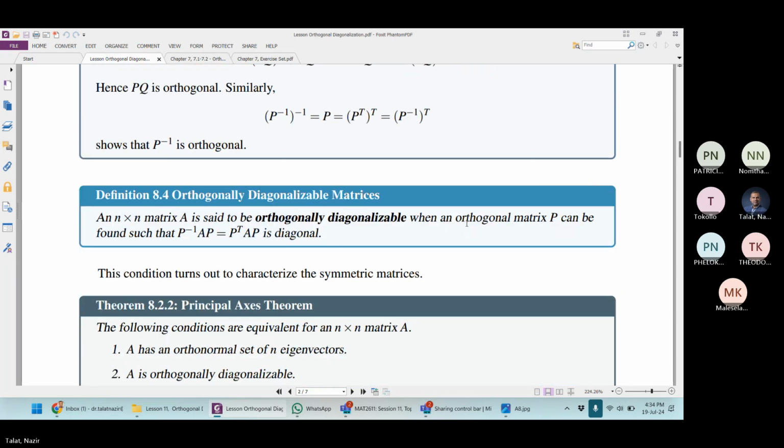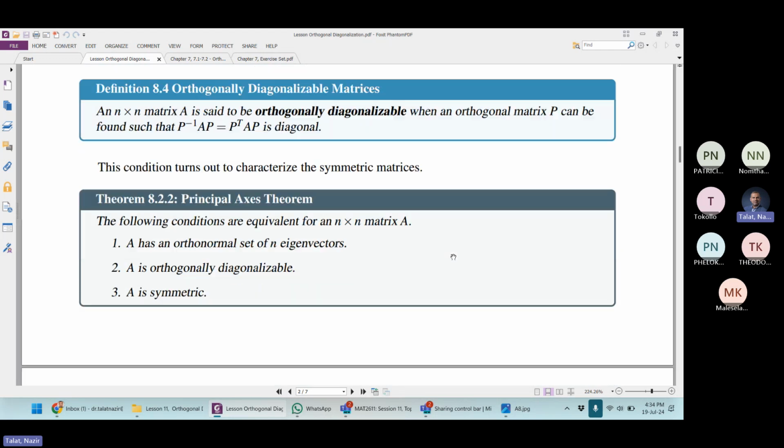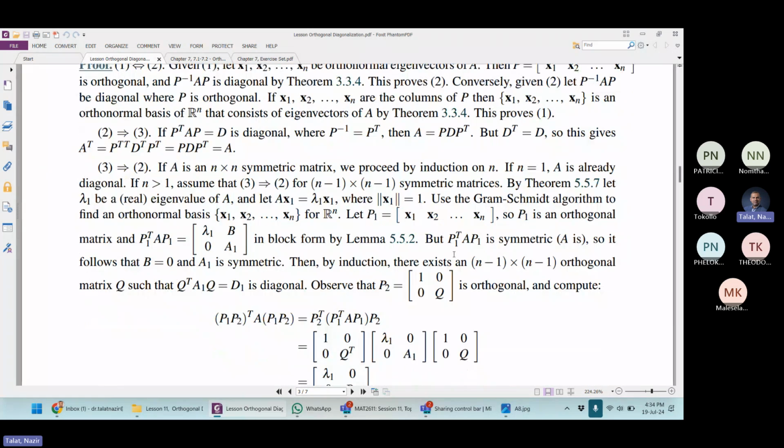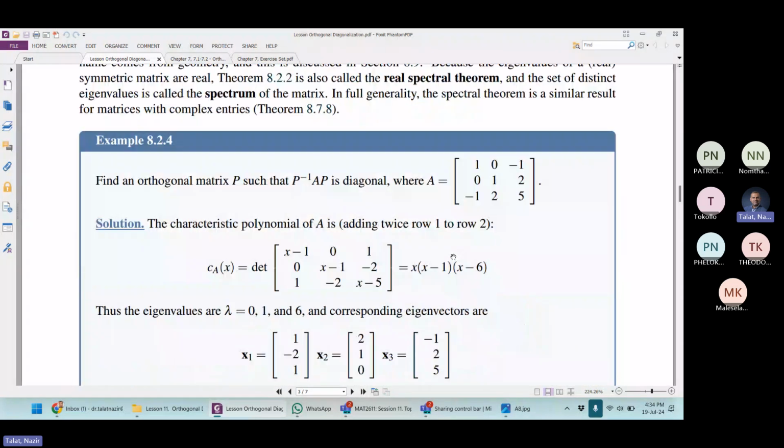Now, an n cross n matrix A is orthogonally diagonalizable when we have an orthogonal matrix P for which P inverse AP is equal to D. We already saw this kind of result, and these are just repetitions of these results with some examples.